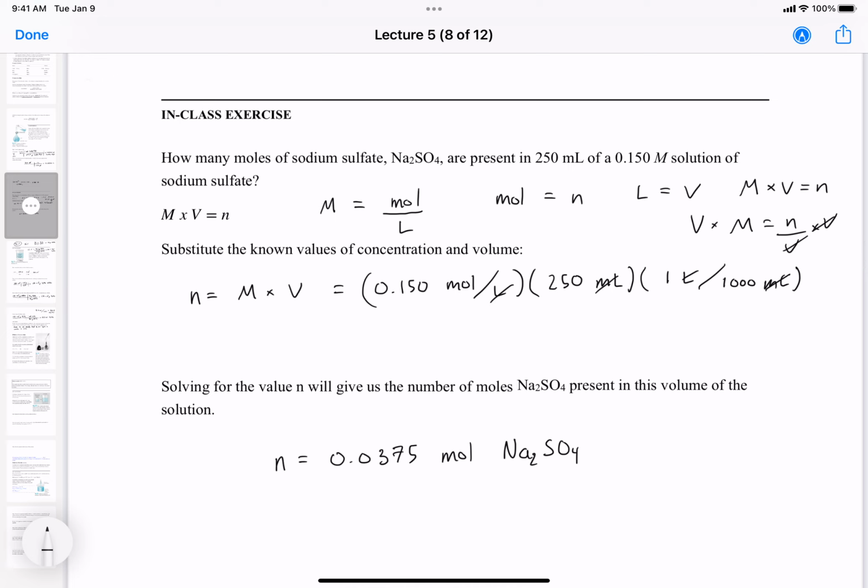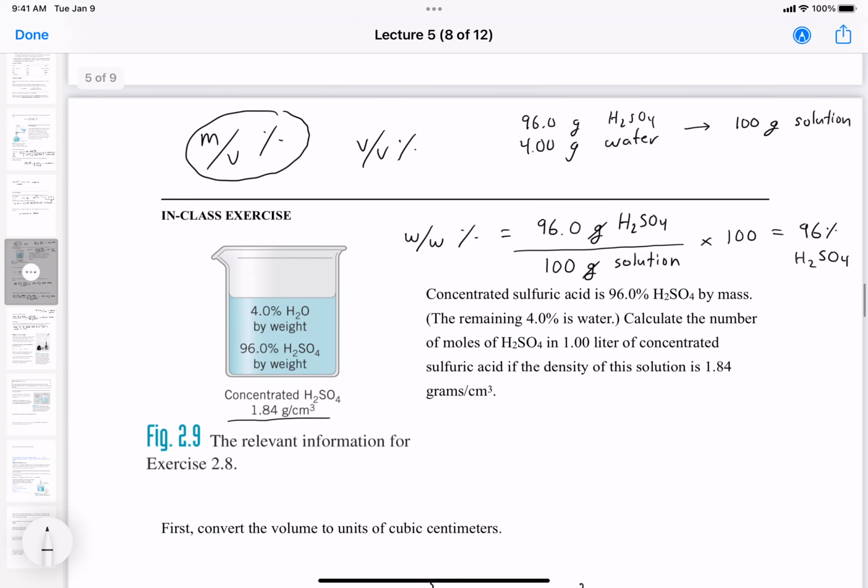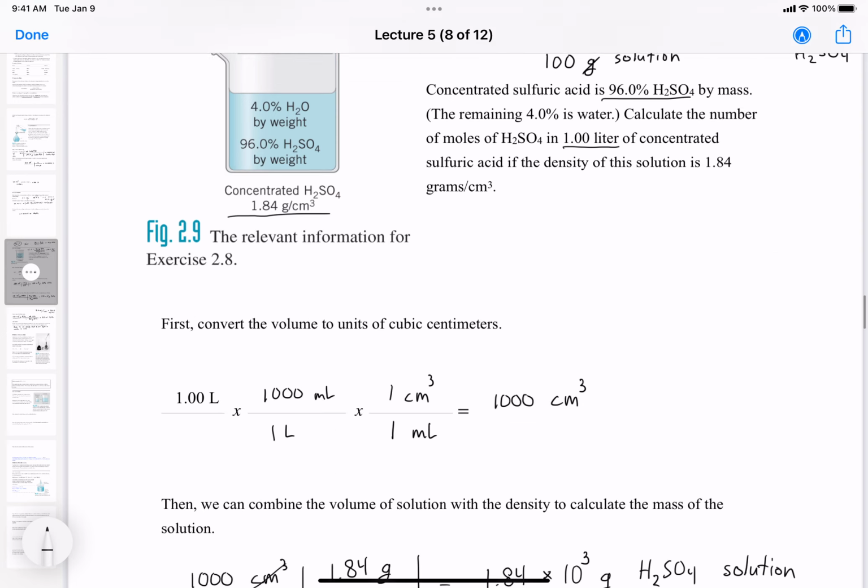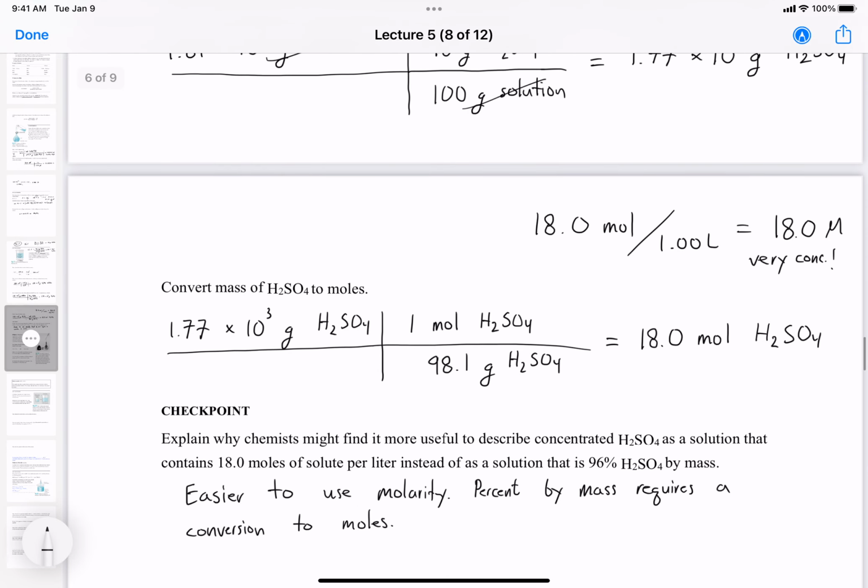Compare that to 4 steps for percent, because here we have the volume and the concentration. Given that molarity only took 1 step to figure out the moles, percent by mass took us 4 steps.